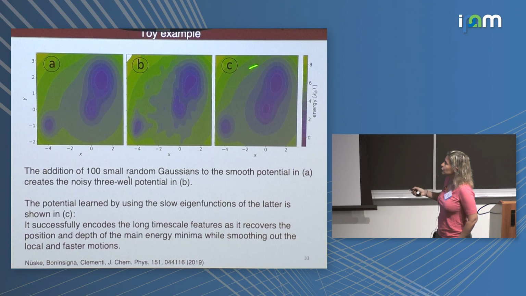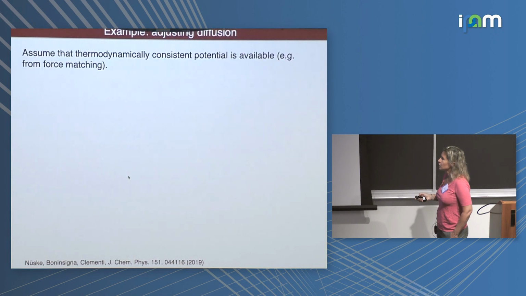And indeed, this is the potential you find doing spectral matching. You recover the slow modes, that is the transition between these deep minima. You don't care about the fast modes that are the oscillation in this perturbed potential. So it works. This is just a proof of principle.